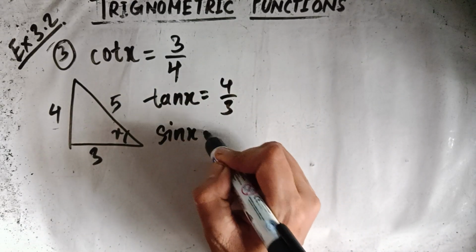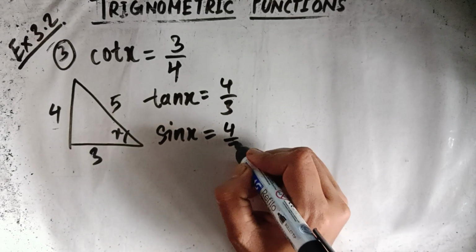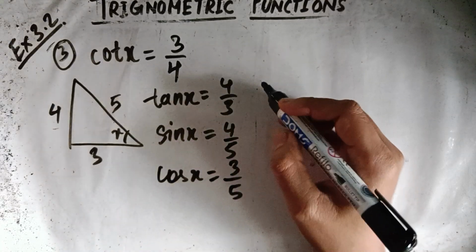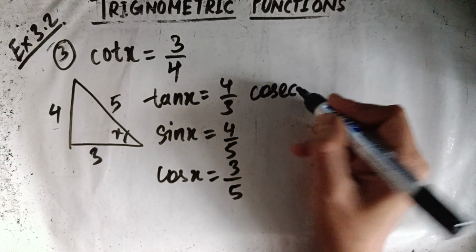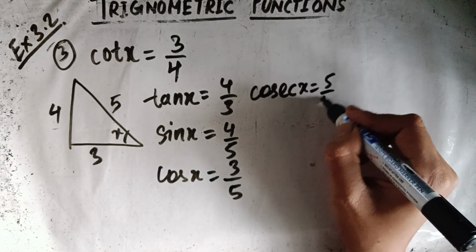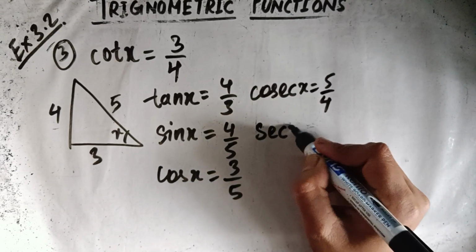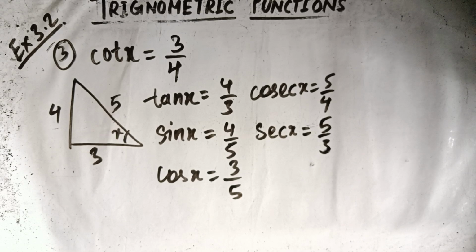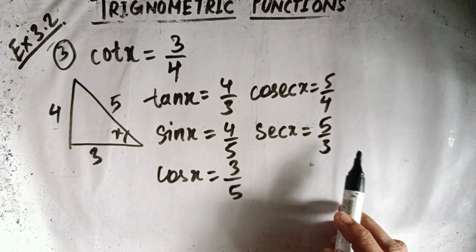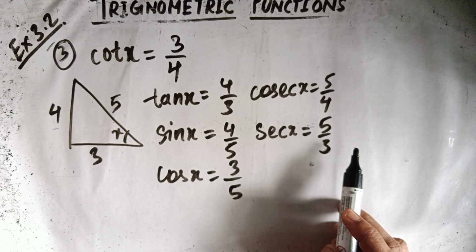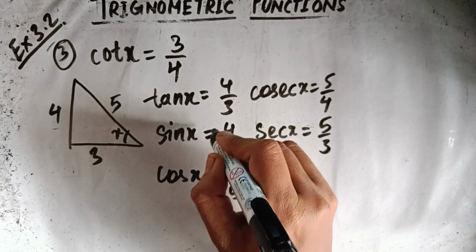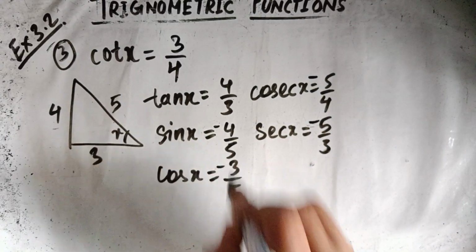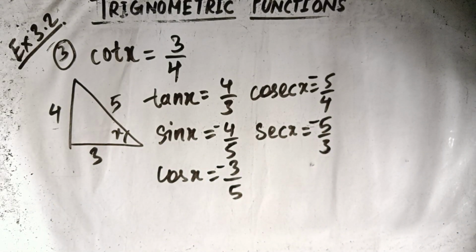Sin of x is 4 by 5. Cos of x is 3 by 5. Cosec of x is 5 by 4. Sec of x is 5 by 3. Okay. And x lies in the third quadrant. Third quadrant means tan and cot are positive and rest are negative. Okay.